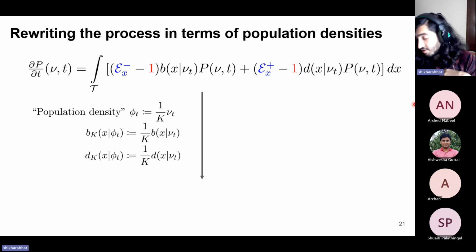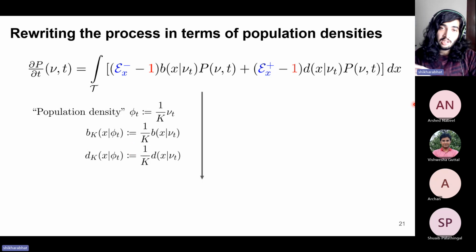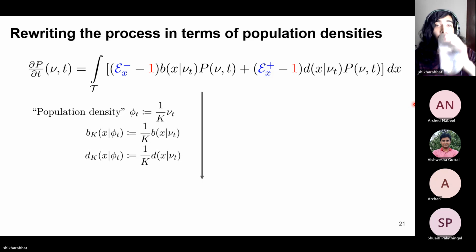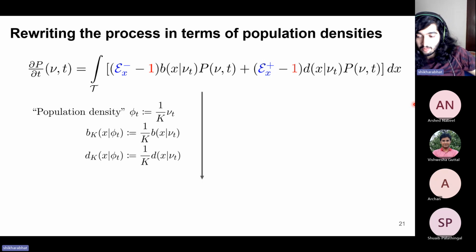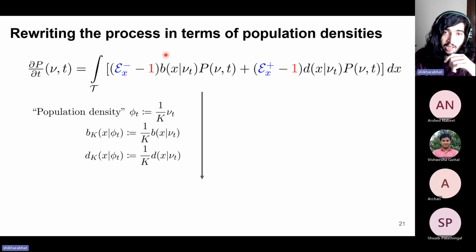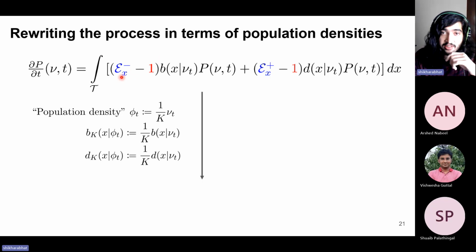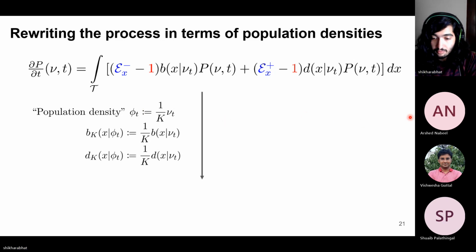I also need to rescale my step operators because the step operators e plus and minus describe how anything it acts on changes in terms of a single Dirac mass. But in terms of population densities, the population transitions in units of delta by k.